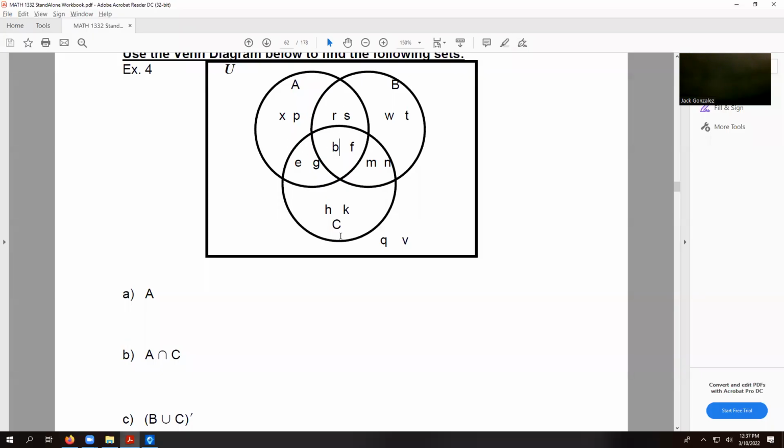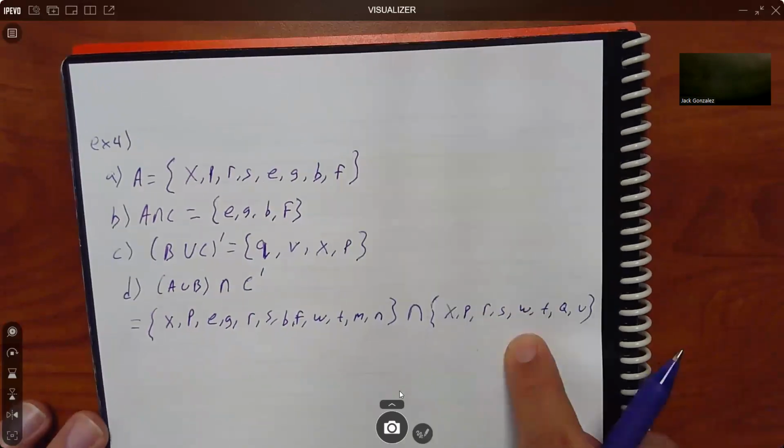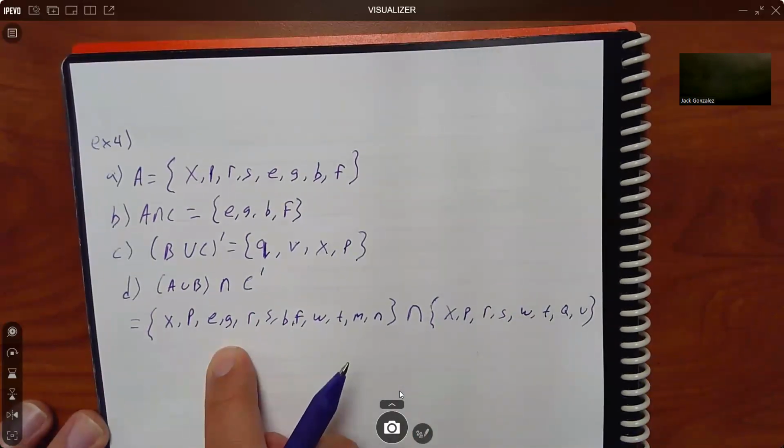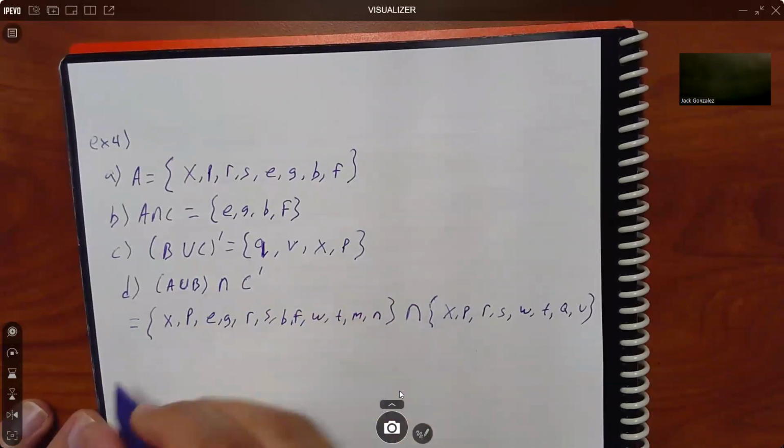Everything outside the circle, without repeating: X, P, R, S, W, T, and Q, B. So here's C complement, here's A union B. What do they have in common? Intersection means what's in both.